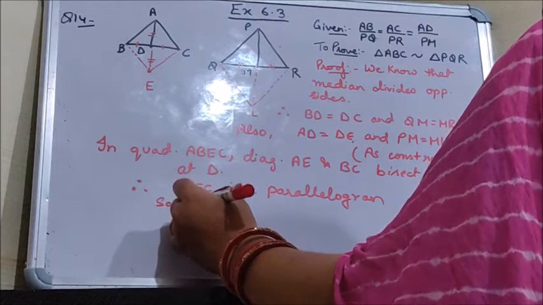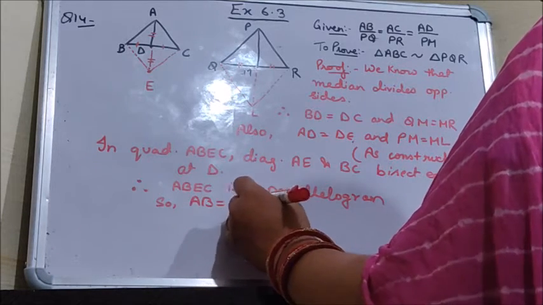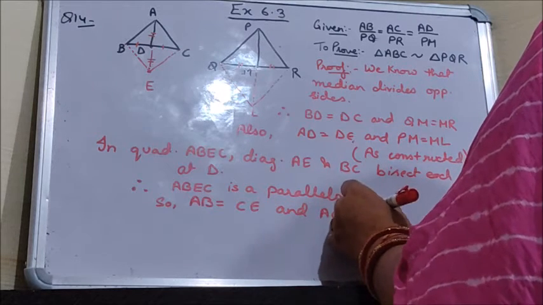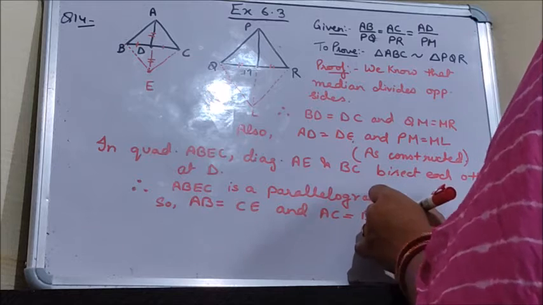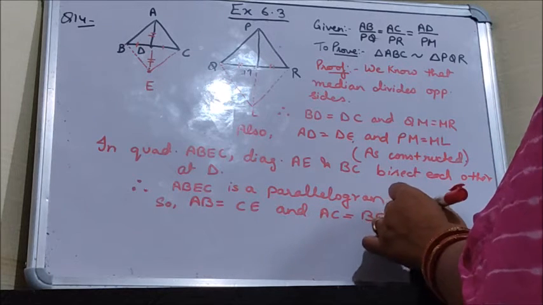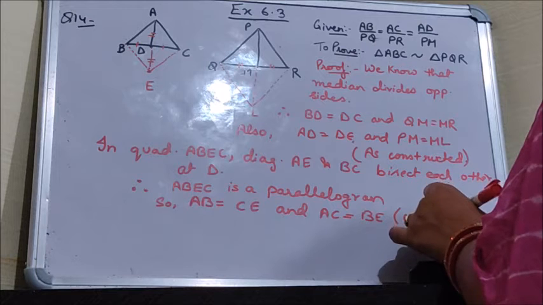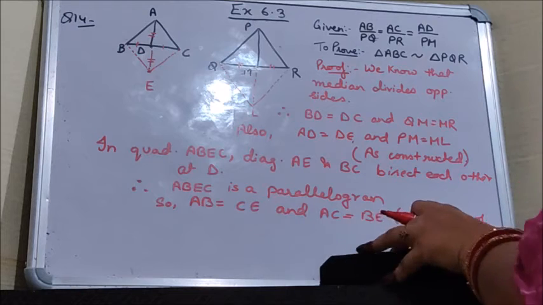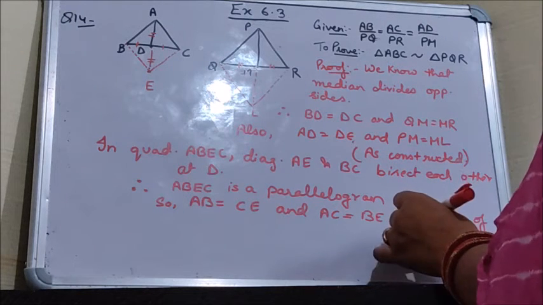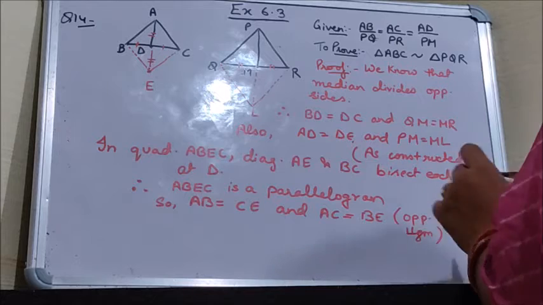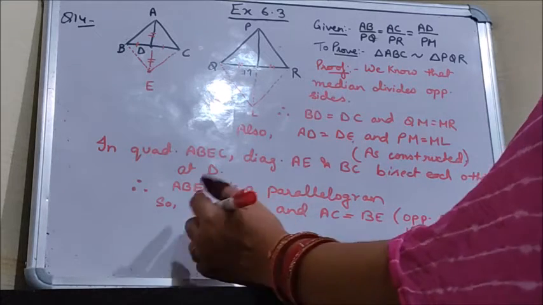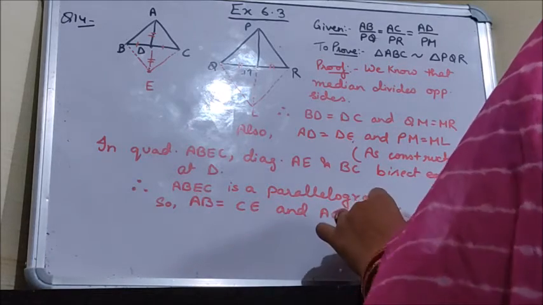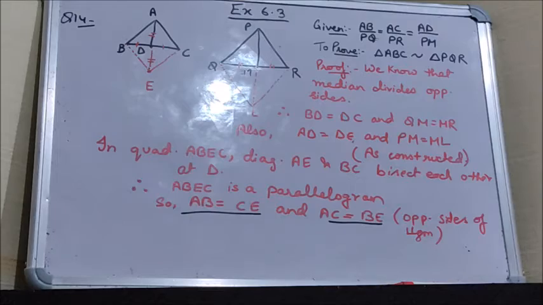So AB is equal to CE and AC is equal to BE, because these are opposite sides of a parallelogram.